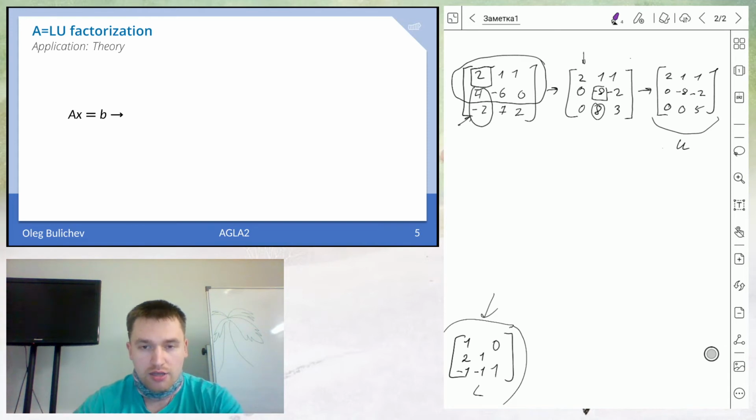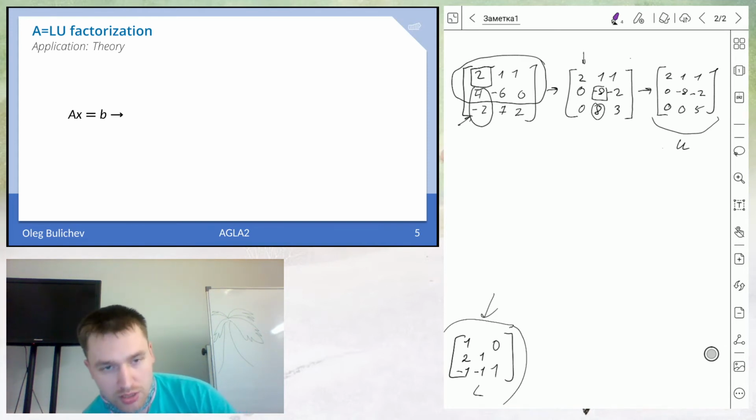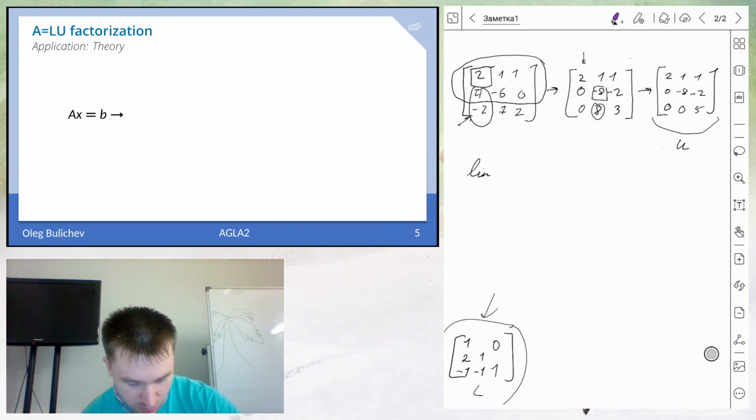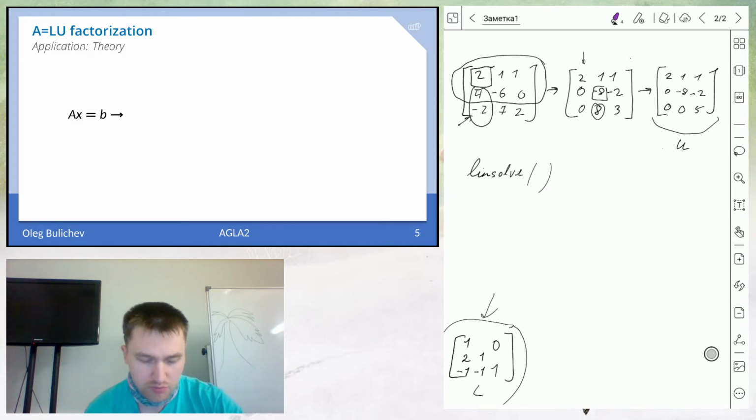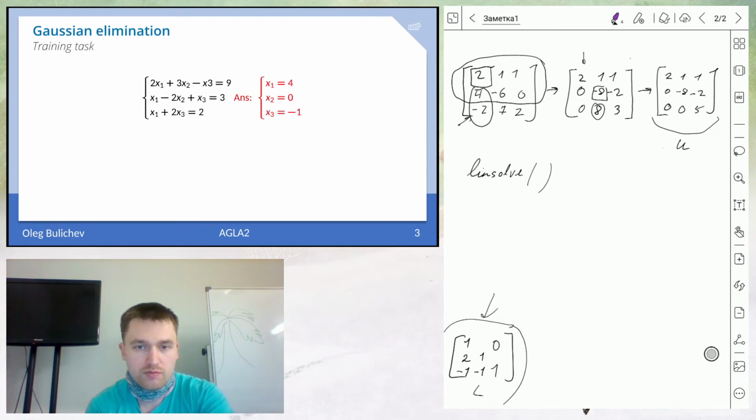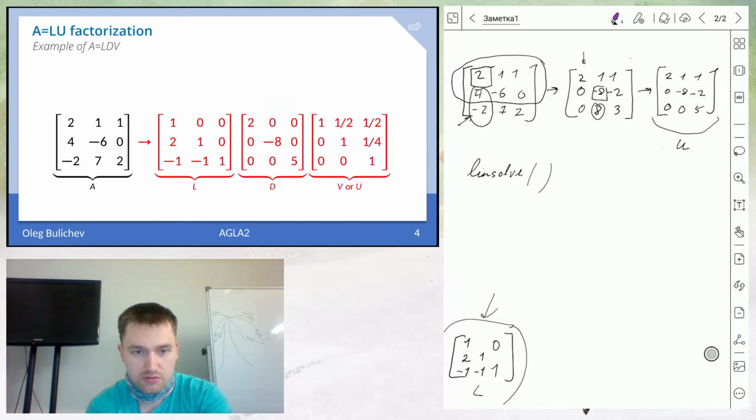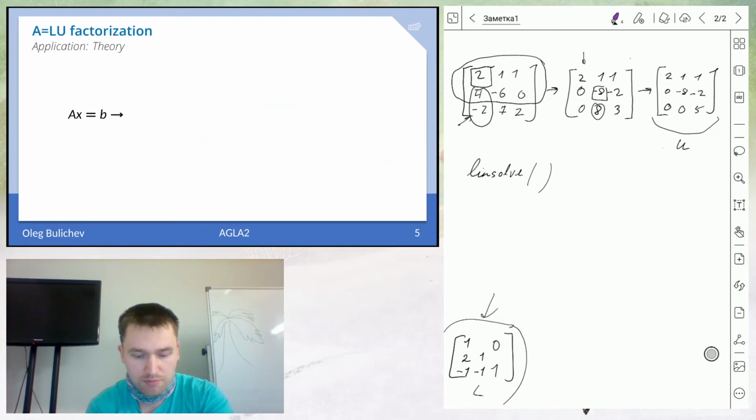I read the datasheet from MATLAB, for instance, for linsolve, which you can Google by yourself. Linsolve is a function in MATLAB which helps you to solve linear equations. So you give it a system of linear equations like we did before, like this one, and it can solve this. And MATLAB uses LU factorization for this purpose.